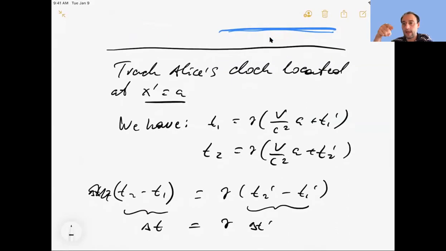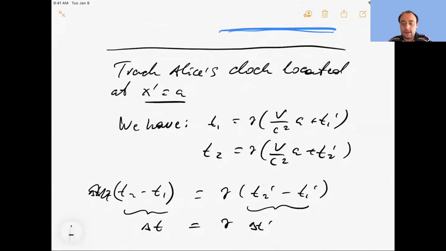And you can see the location of the clock that you track doesn't matter as long as you keep tracking the same clock, the one that keeps being located at X prime equals A. Okay, so we can say that all her clocks are slowed down.